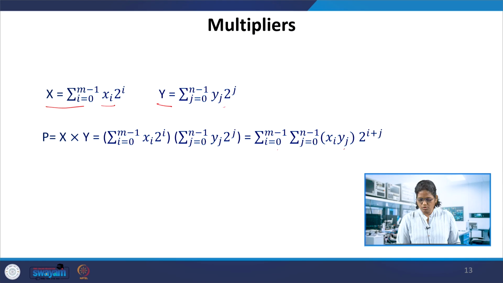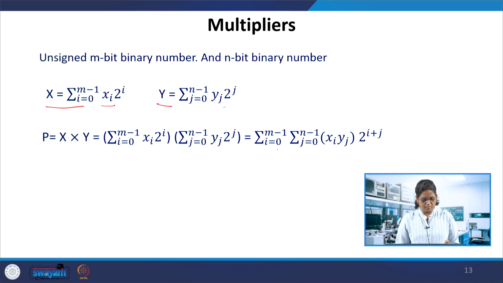The summation needs to be varied over i and j, giving 2 power i plus j. In this way we would multiply the m-bit and n-bit numbers.